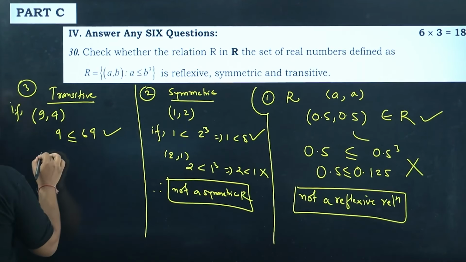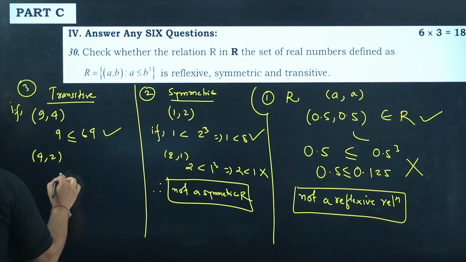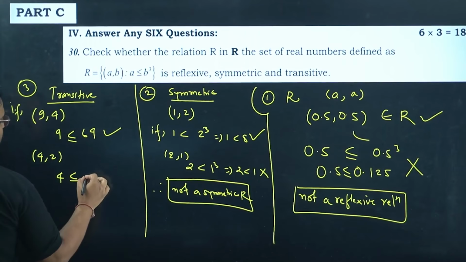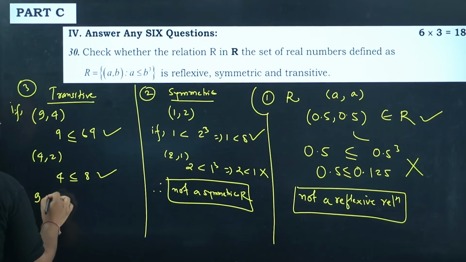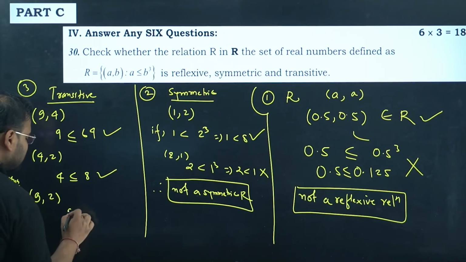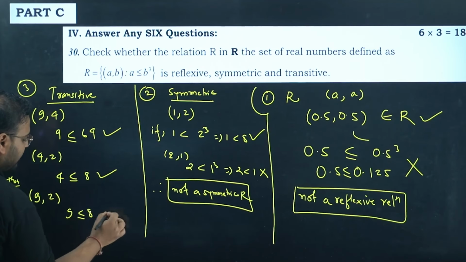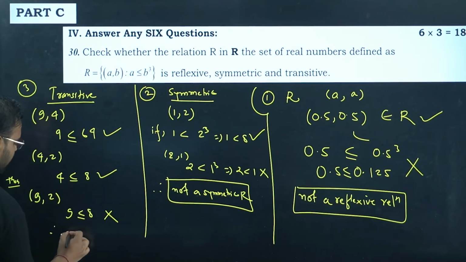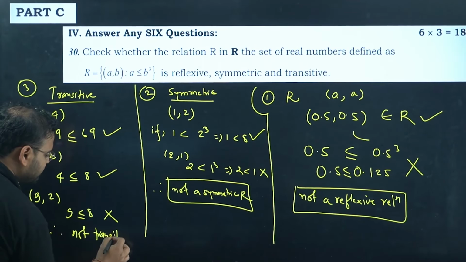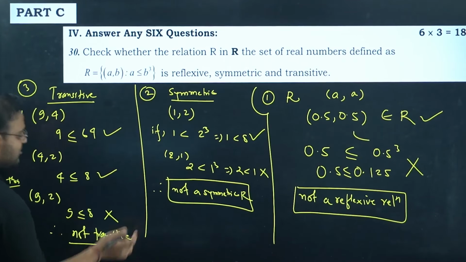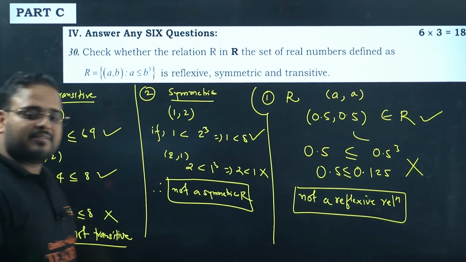These are the if statements. Next, you can think of 4, 2. 4 is less than 2 cube, which is 8, also correct. The combination will give me 9, 2. This is your then statement. From here you get 9 is less than 2 cube, which is 8. Not possible. Therefore, not transitive. The given relation is neither symmetric, reflexive nor transitive.